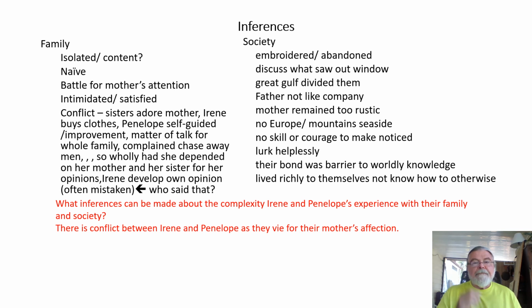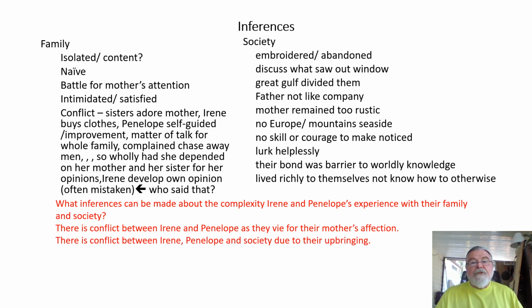In society, they weren't abandoned to embroidery, which means perhaps other young women of their age were. They would sit at the window and discuss what they saw. There was a great divide between the young girls and the other students who went to the dance party, and they didn't take the private classes. The father didn't like company. The mother remained too rustic.